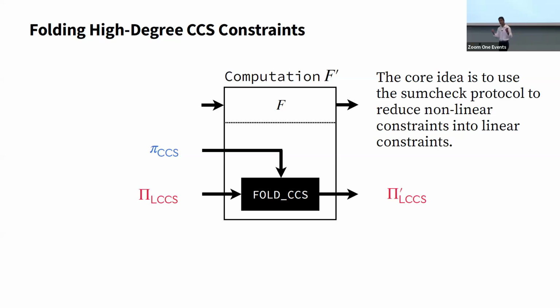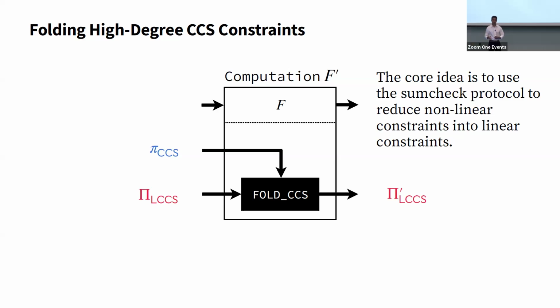And the core idea is we take these two proofs as input and compress them into a new proof, pi prime LCCS, which is of the same size as the original linearized CCS proof, but can be checked in place of both the original proofs. Now, the core idea of our folding scheme is that we can use the powerful sum-check protocol to take the original CCS proof and linearize it.